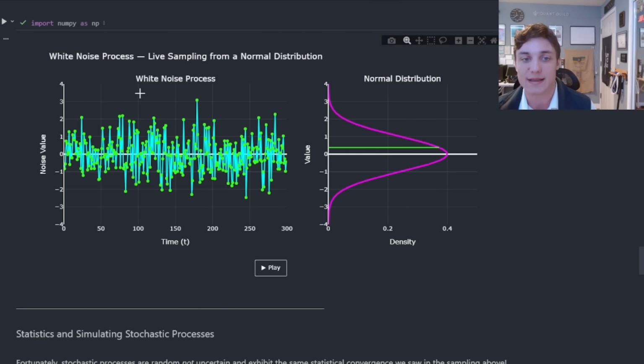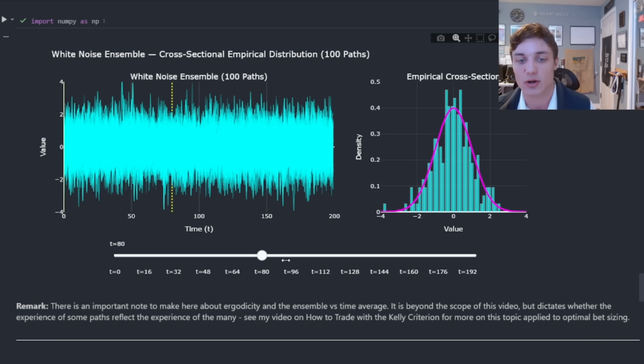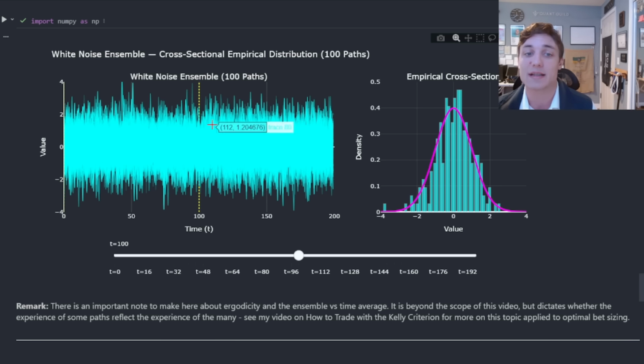And I observe at step 100 all of the points from all of those processes. That is exactly what this chart is doing. And if I observe the distribution of points from all of those sample paths, you're going to see that it is going to converge to the theoretical distribution that is generating the point at that step.